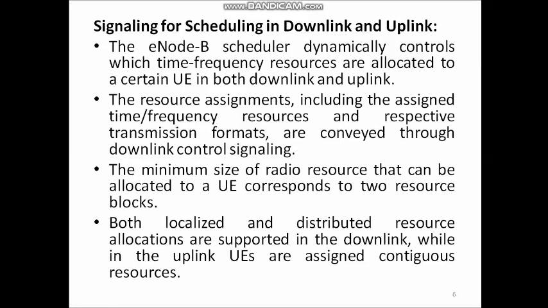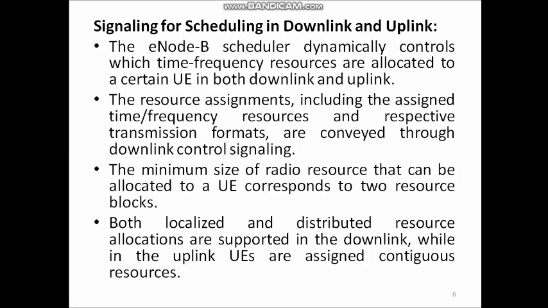And the minimum size of radio resource that can be allocated to a user equipment corresponds to 2 resource blocks. Actually, this corresponds to 1 millisecond duration in the time domain and 180 kilohertz in the frequency domain. Both localized and distributed resource allocations are supported in the downlink, while in the uplink user equipments are assigned contiguous resources.